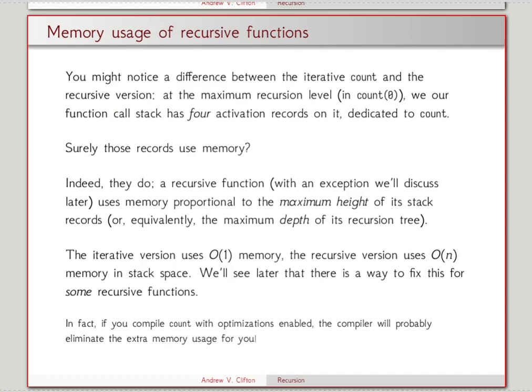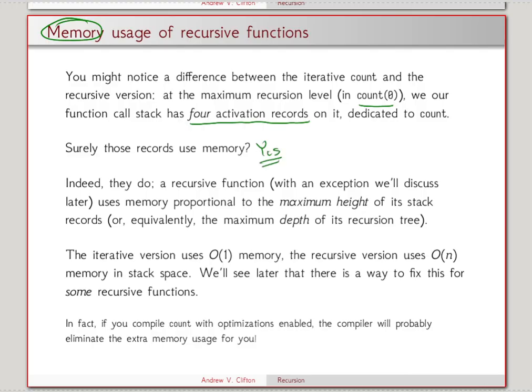So in terms of the memory usage of a recursive function, you might notice a difference between the version with the loop and the recursive version here. At our maximum level, when we were down there in count 0, our function call stack had 4 count records on it. So those use memory. The answer to this question, do those use memory, is yes. Yes, they do.